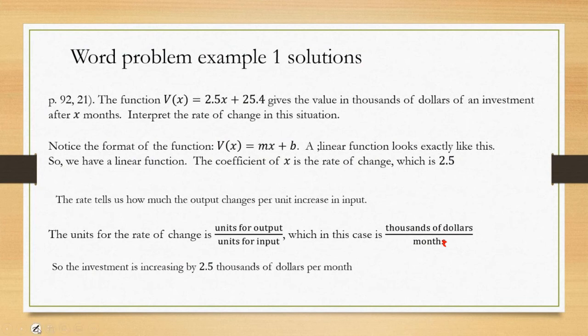I think it sounds better if it's singular. So again, altogether, the investment is increasing by 2.5 thousand dollars per month. Okay, so we have that. What questions do you have about this?